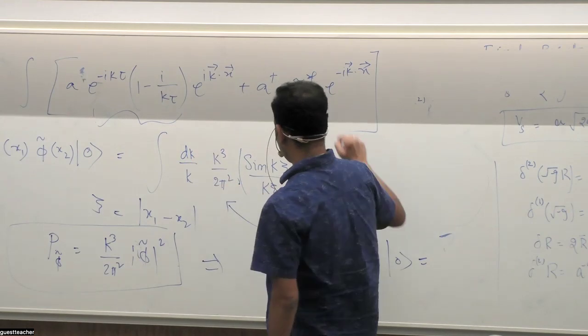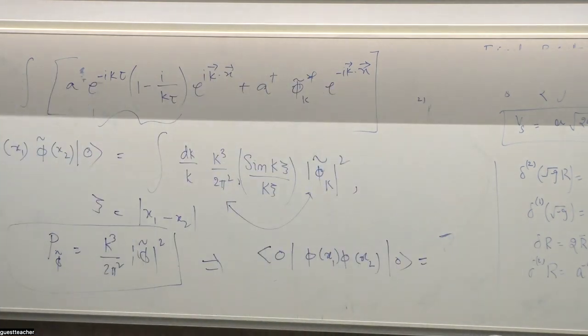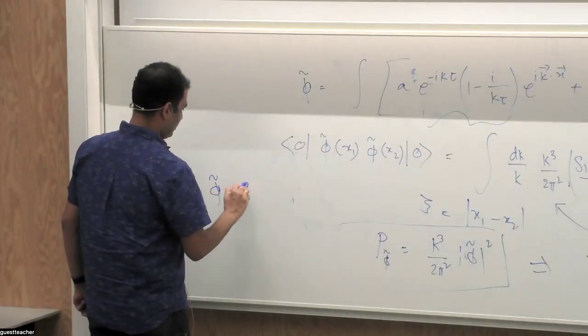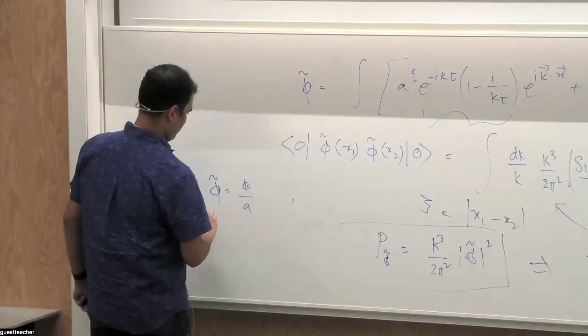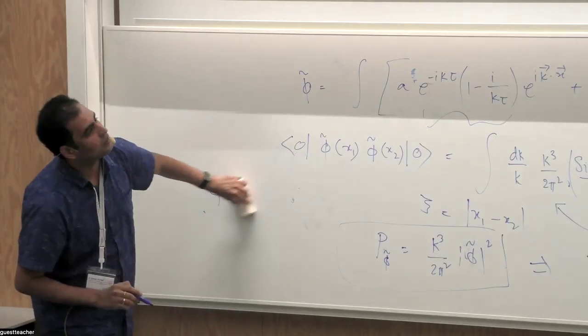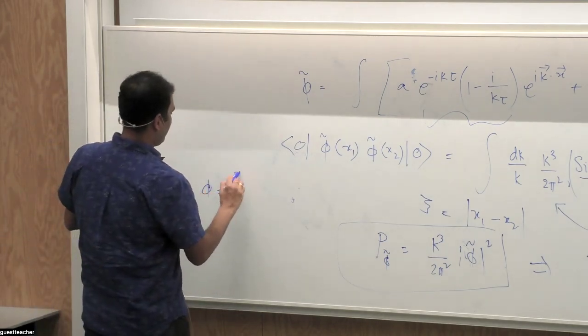And this is nothing but this whole thing divided by a squared, because you remember phi tilde is phi times a, or the opposite. What did we do? Phi is phi tilde divided by a.